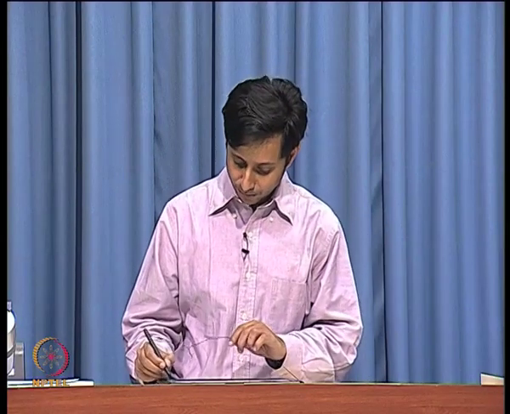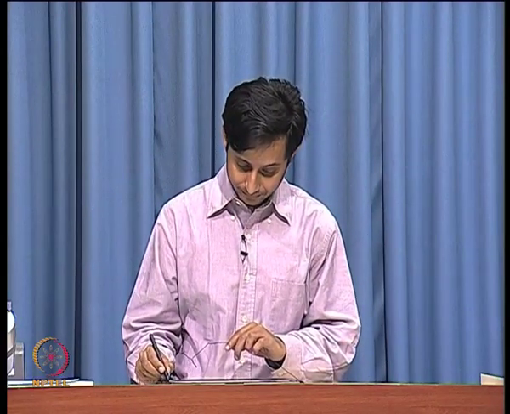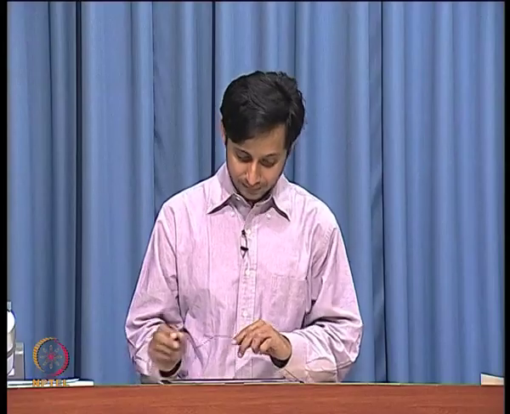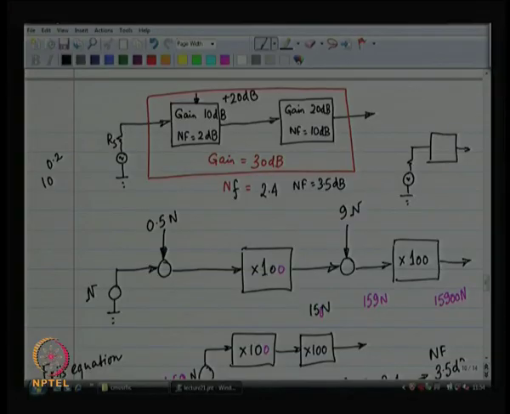What happens if the amplifier does not amplify? What happens if the amplifier, instead of amplifying, let us say it makes the signal smaller? Suppose the gain of this first stage, instead of 10 dB or 20 dB, it is minus 10 dB, suppose. Okay.